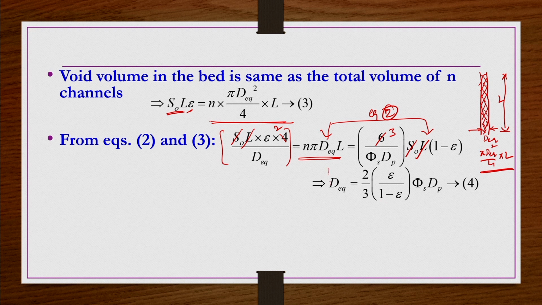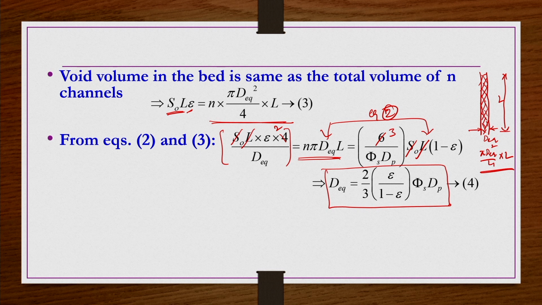So, d equivalent by this simplification is 2 by 3, epsilon by 1 minus epsilon, pi s dp. dp is the volume equivalent diameter of the irregular particle used for packing the column.